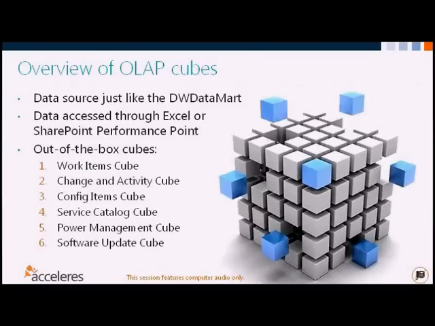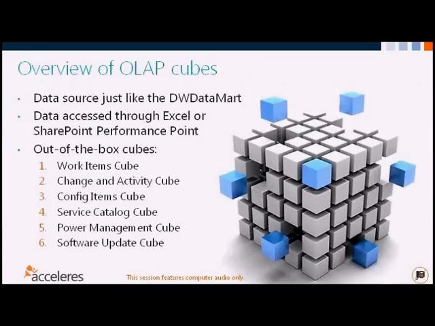The config items cube then is just like the work items cube, except it's going to point at all of the configuration items in the system, like computers and software, network devices, databases, all of those sorts of things. And again, data about those, like who the primary user of a computer is, what computer a piece of software is installed on, those sorts of things.